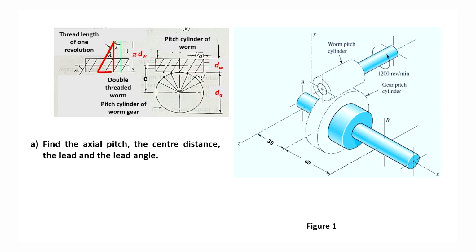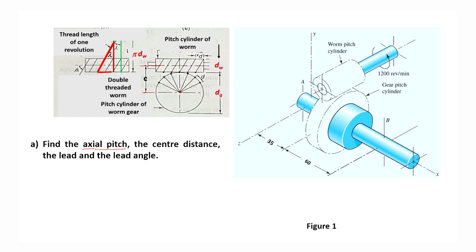Now, we have to find the axial pitch of the worm and the center distance. This is the pitch cylinder of the worm and this is the axis of rotation of the worm, and this is the center of rotation of the gear.